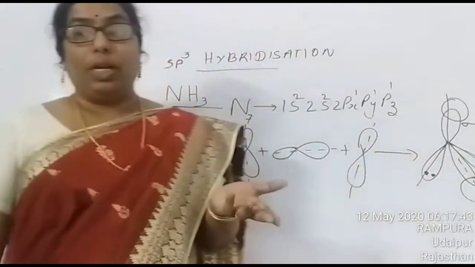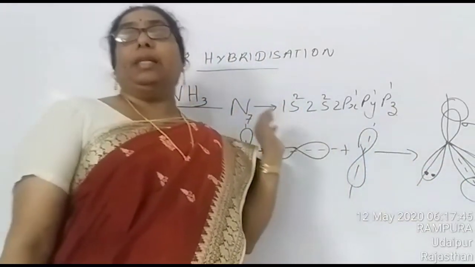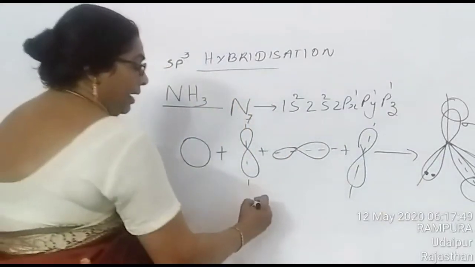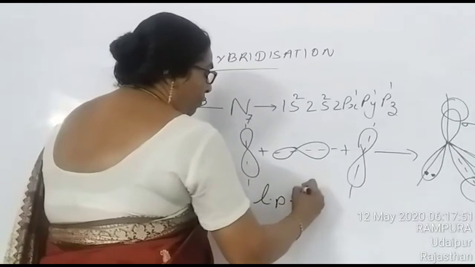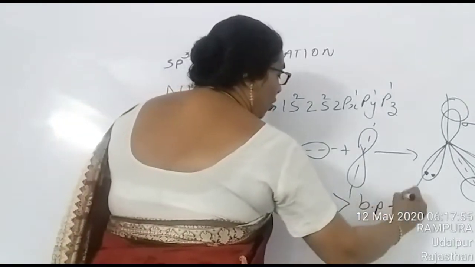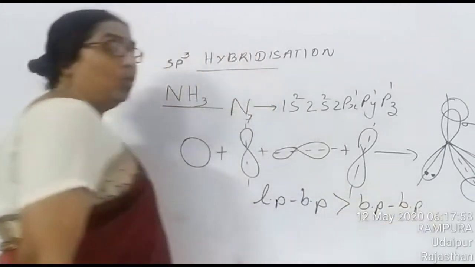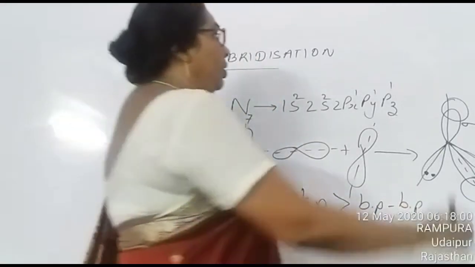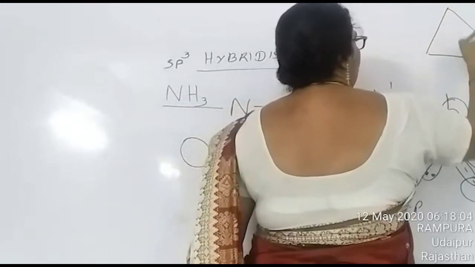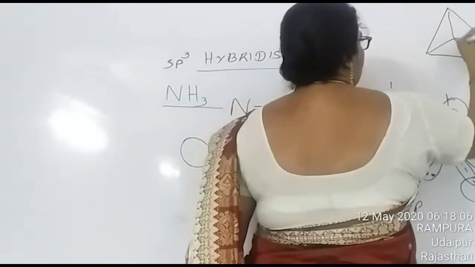And which one is stronger here? Lone pair-bond pair repulsion is stronger than bond pair repulsion. So what happened? The structure of ammonia, instead of tetrahedral, becomes pyramidal.